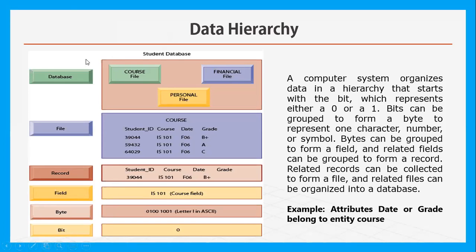So, this is a student database. This is just a sample figure of a computer system, which is the database, where there is a course file, personal file, and financial file.